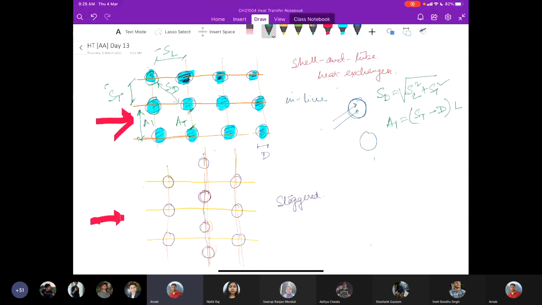That is, the minimum area is AT. And A1 would be ST multiplied by L.